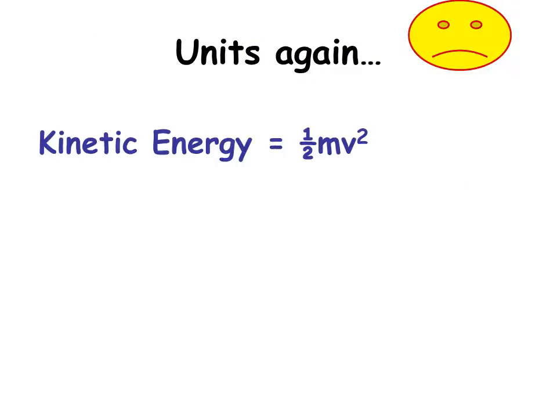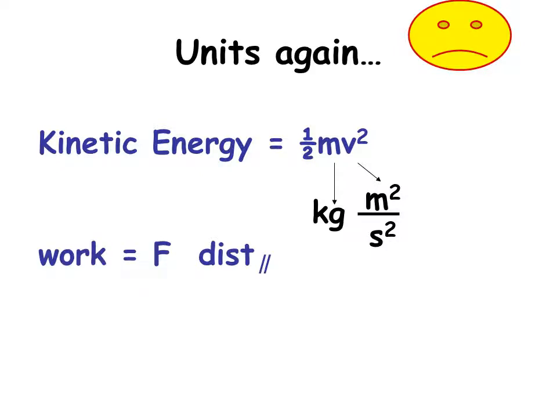We can check units again. The kinetic energy is half mv square, mass in kilogram and v in meter per second squared. Now work is force multiplied by displacement, also Newton meter, or kilogram multiplied by meter over second square multiplied by meter.